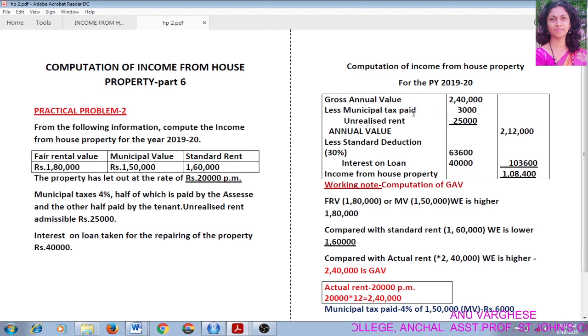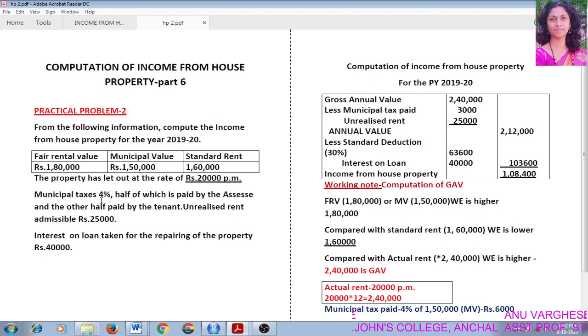From that you have to deduct municipal taxes paid. In the question it is given that municipal taxes are 4% of municipal value, half of which is paid by the assessee and the other half paid by the tenant. So we can't deduct the amount paid by the tenant. We can deduct only the municipal tax portion which is paid by the owner of the house, that means the assessee.